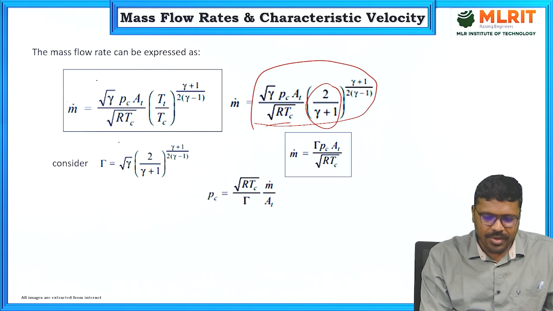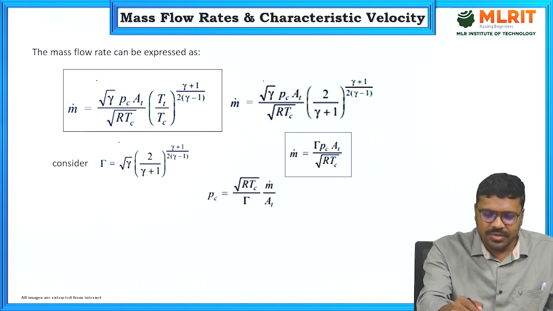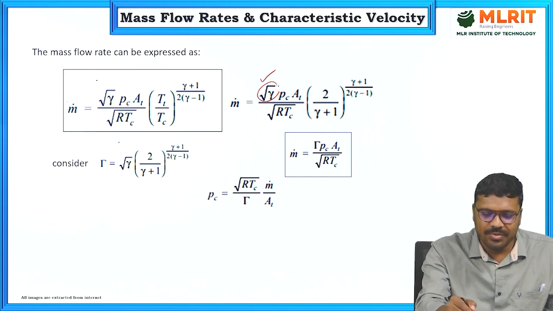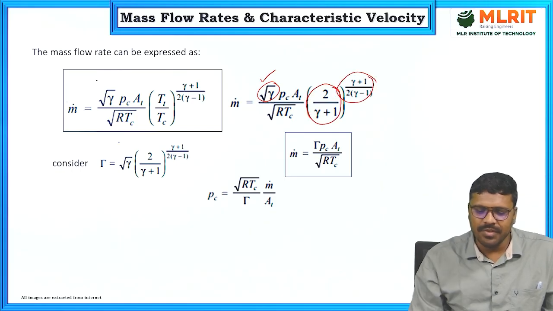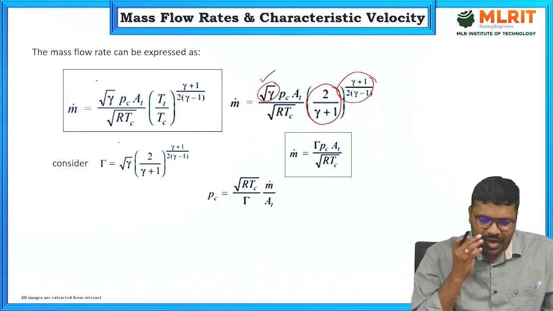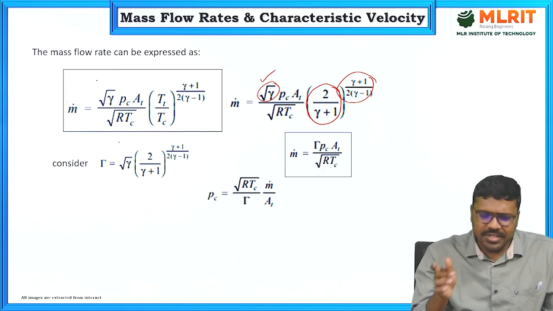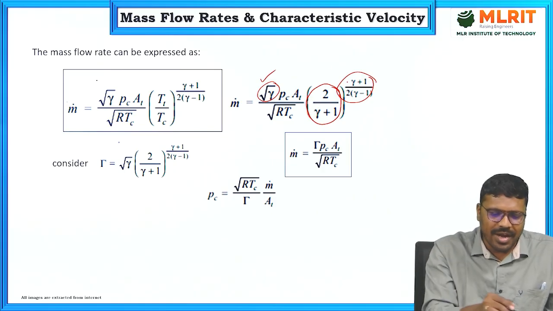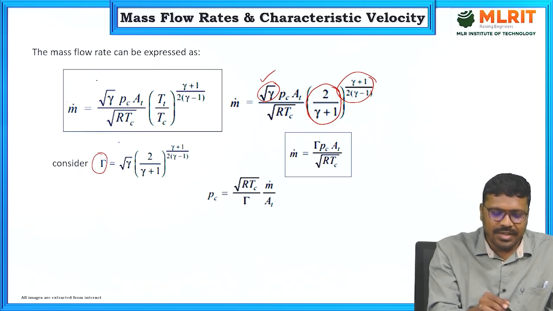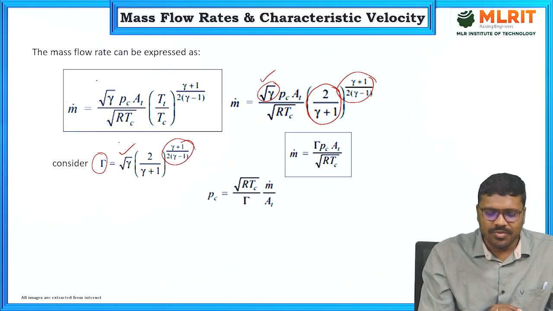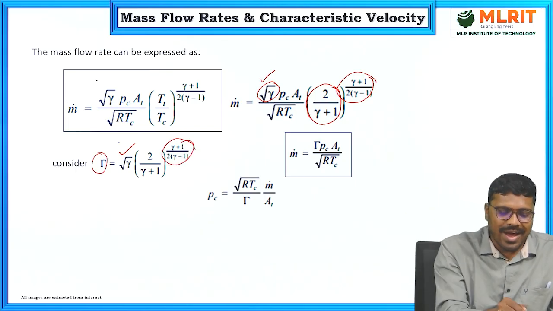So there are so many terms in terms of gamma here. I want to write this total term in terms of gamma, under root gamma into 2 by gamma plus 1 whole to the power of gamma plus 1 by 2 into gamma minus 1, as tau.